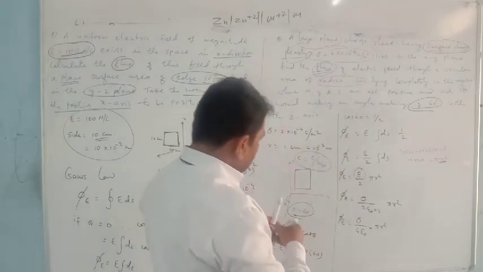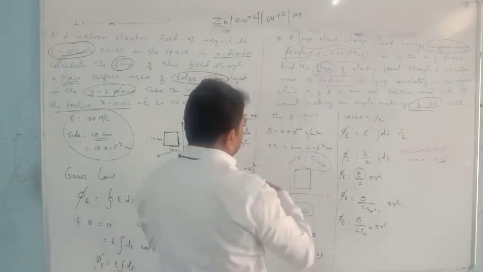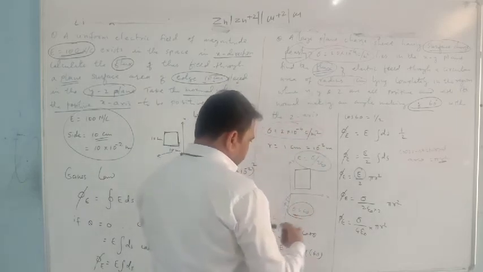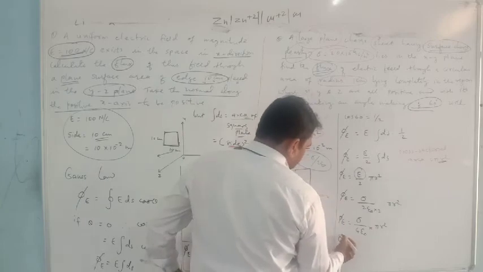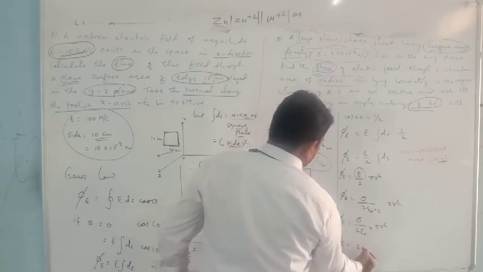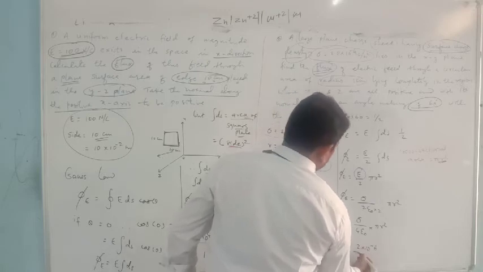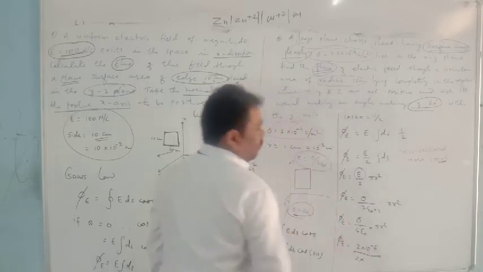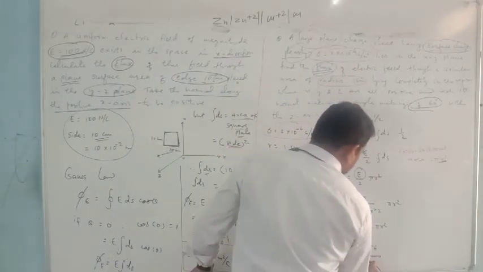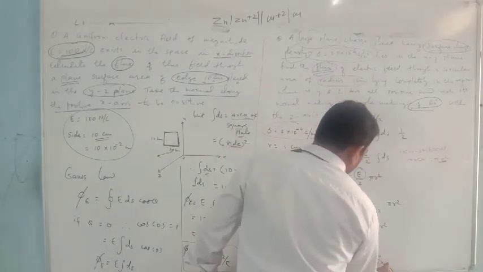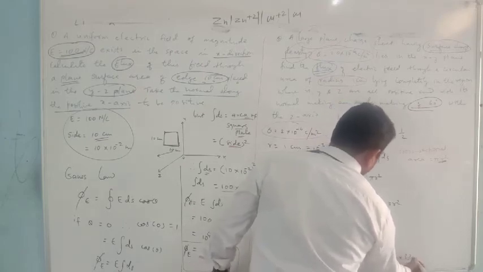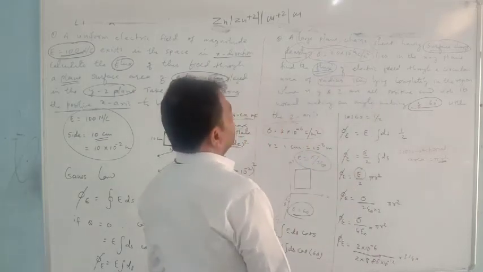So electric flux is equal to 2 into 10 to the power minus 6 upon 4 into 8.85 into 10 to the power minus 12 into 3.14, and r is given.